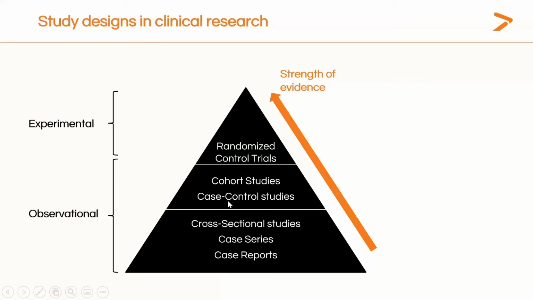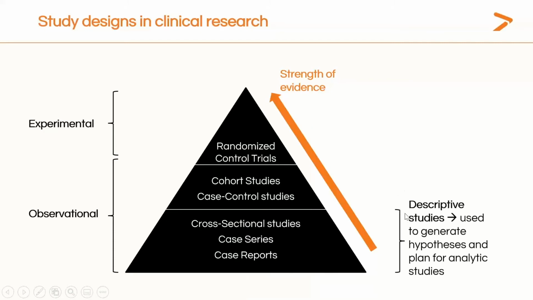In cohort studies, in case control studies, and all the other studies, we investigate more independent variables which are inherent to the patient, such as the age, the gender, or the exposure to some risk factors. So these studies are more observational. We are not manipulating any drug administration or any placebo administration. Then there's another way to categorize clinical research study designs.